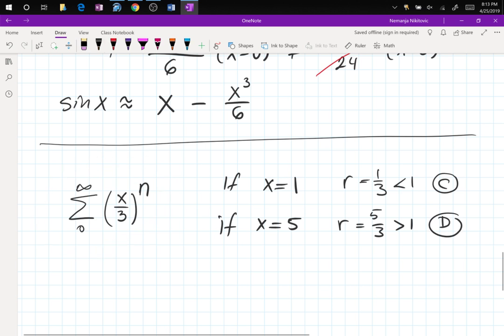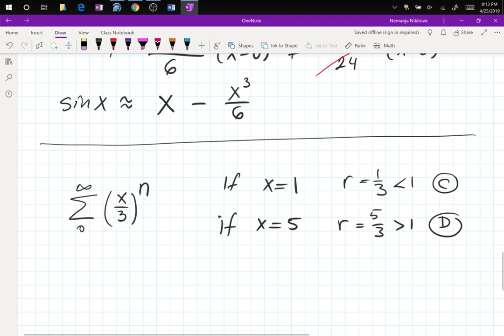So, do you get to say that the power series converges? No. Because certain x's are going to make it converge, and other x's are going to make it diverge. It depends on the value of x. Right?